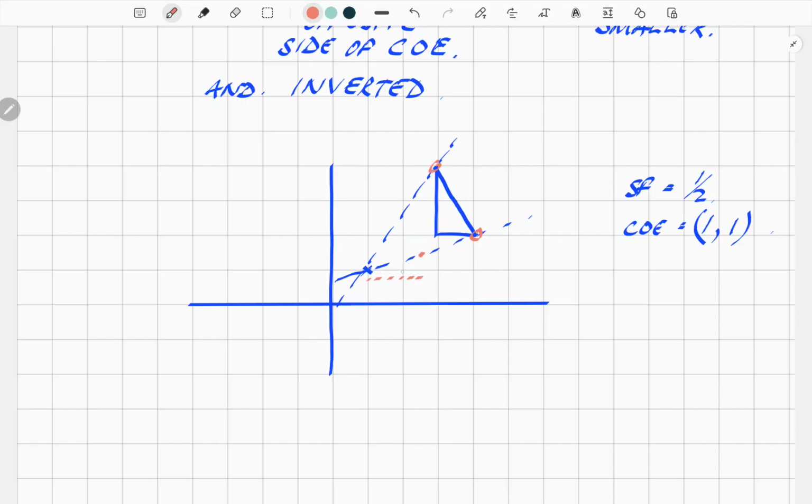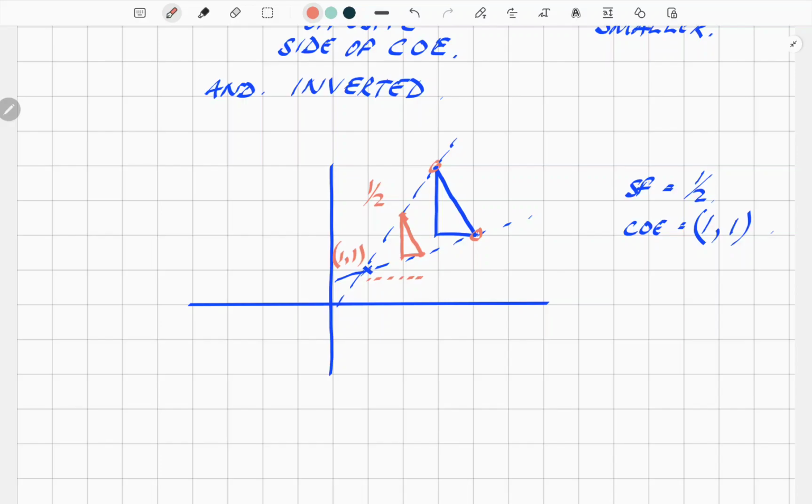So we're going to go 1 across and 1.5 up. You can see how it's on that point there. That effectively gives you your shape. Does that make any sense? So this is scale factor half from center of enlargement 1, 1.